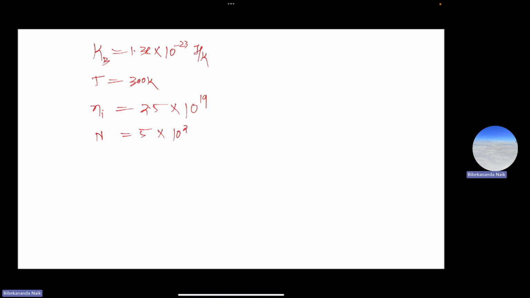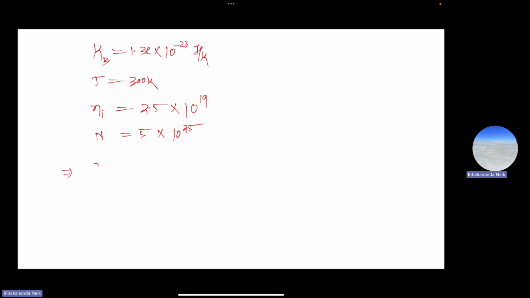So if we calculate, we have kB is 1.38 into 10 to the power minus 23 joule per Kelvin, T is 300 Kelvin, Ni is 2.5 into 10 to the power 19, and N is 5 into 10 to the power 25.